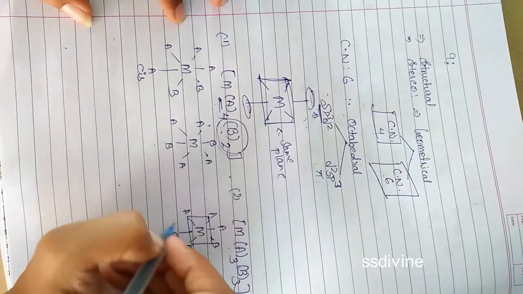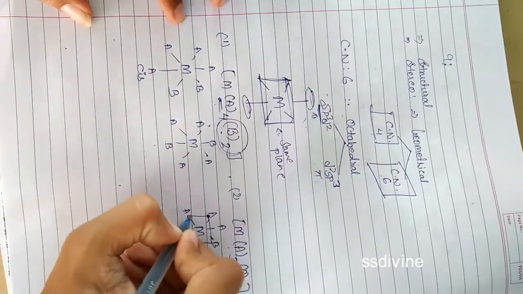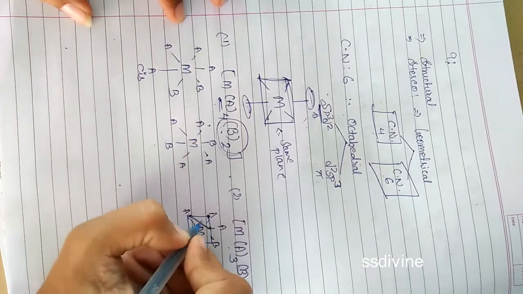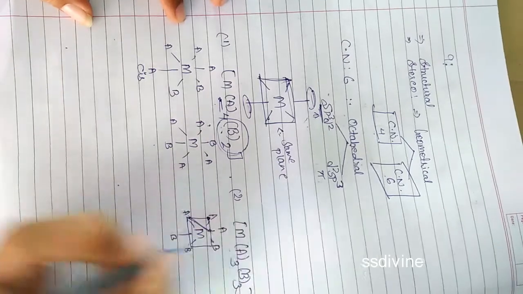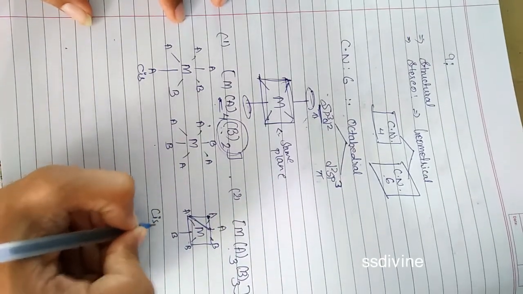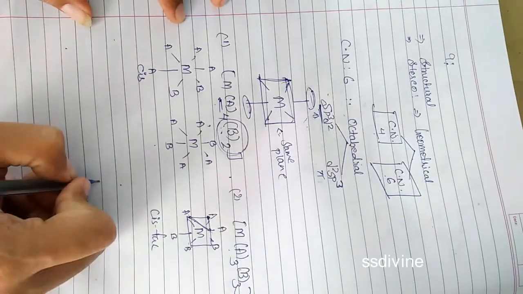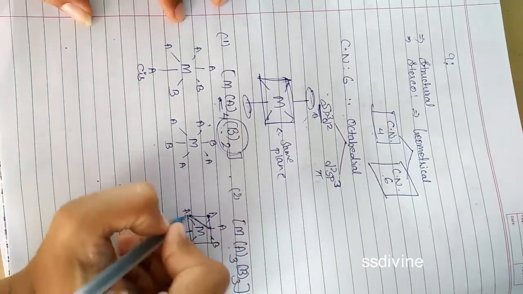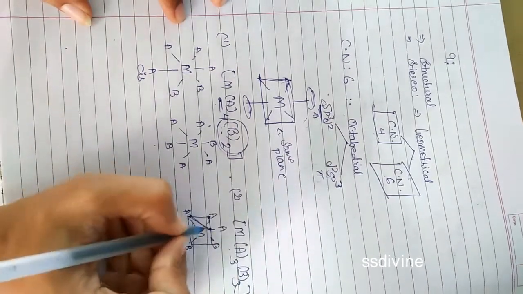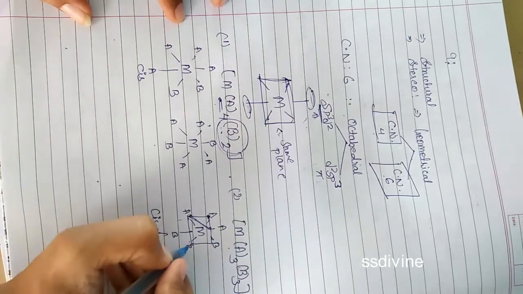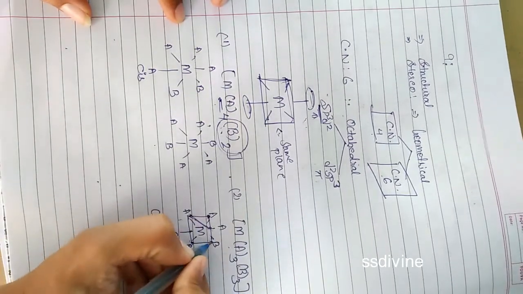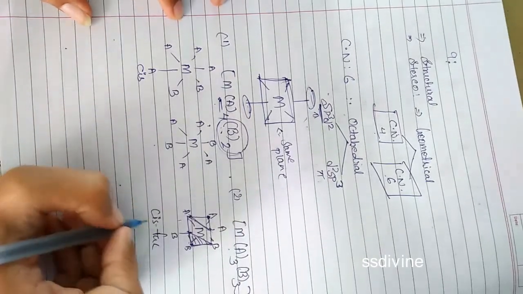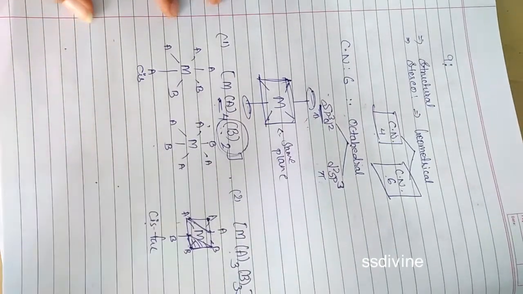Now on joining this and this, they are on the same face. When they are on the same face, you will call it the cis face, right? As they are on the same face, their edges are joined. Here also, if we join their edges, they will be on the same face. Same over here, like this, you will find them on the same face. So this is your cis face.